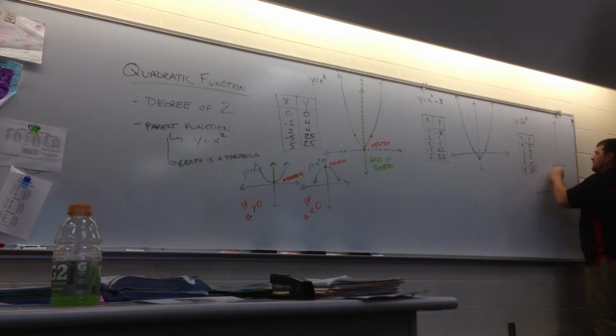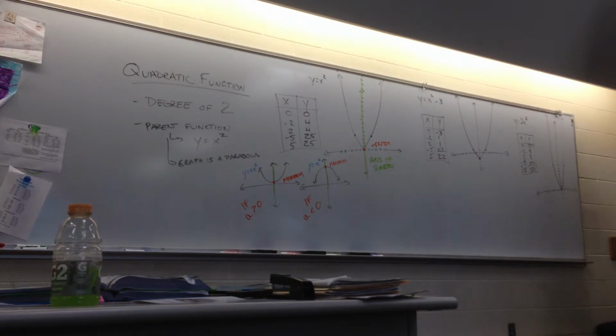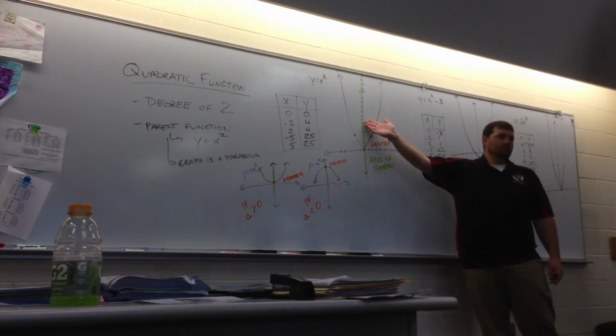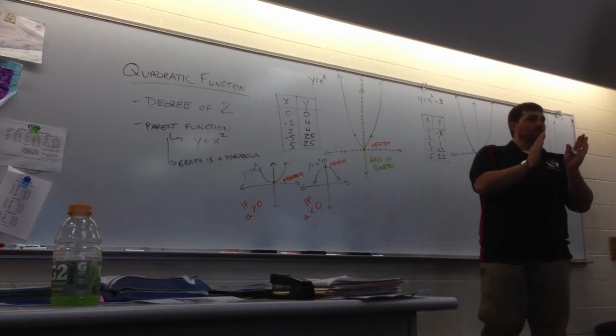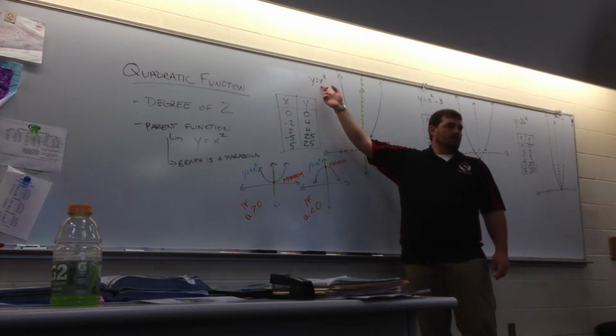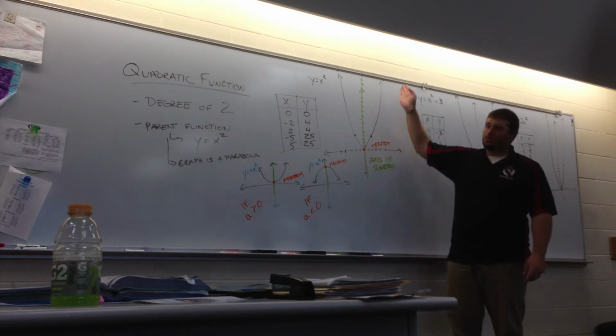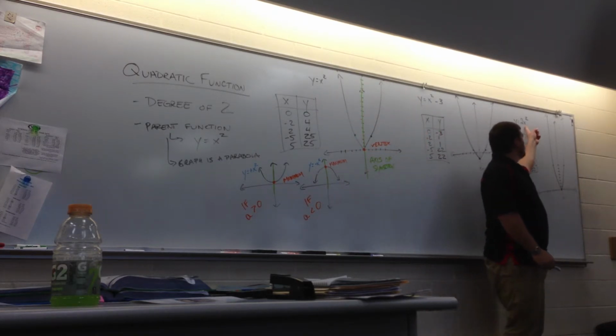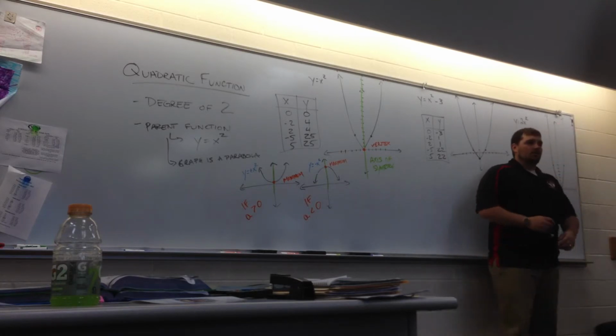So what's going to happen is my graph's going to look like this. Now, what do you notice about this graph versus our parent function? It's skinnier. Y equals x squared looks like this. Y equals 2x squared is a lot skinnier.